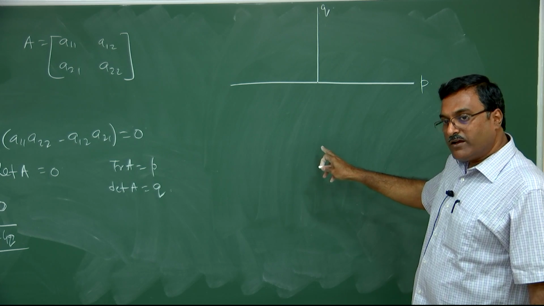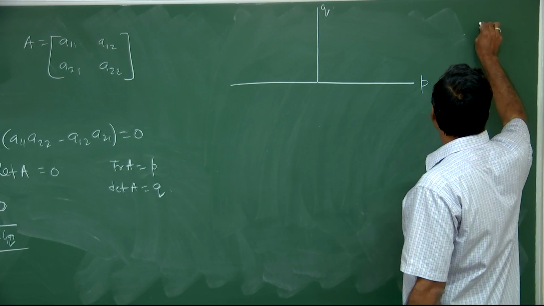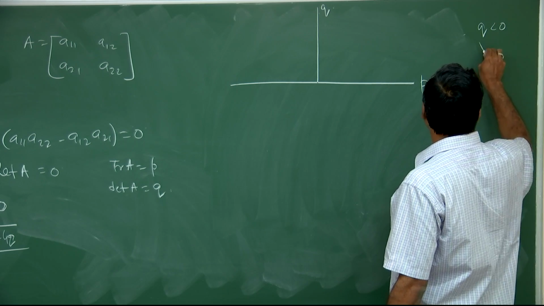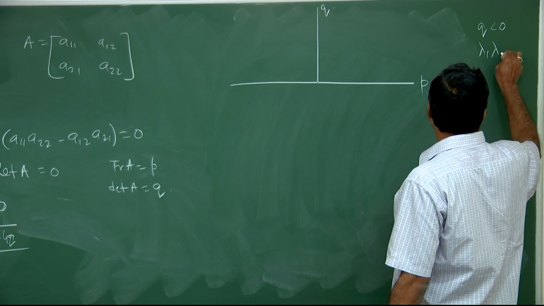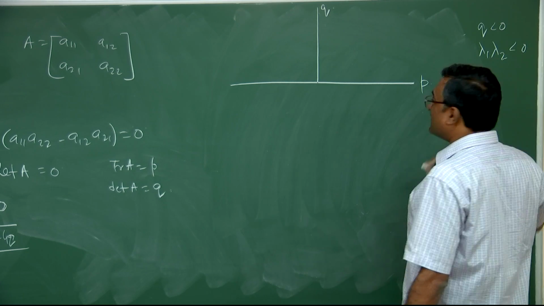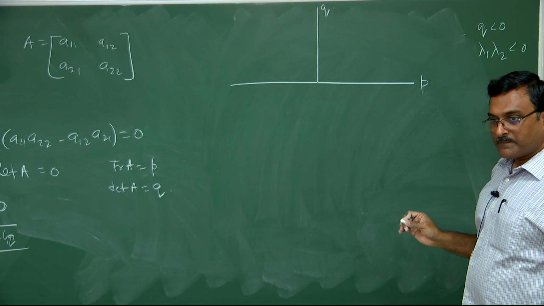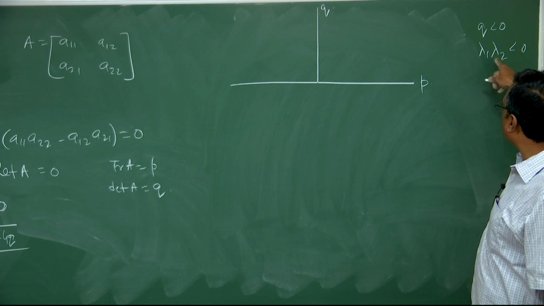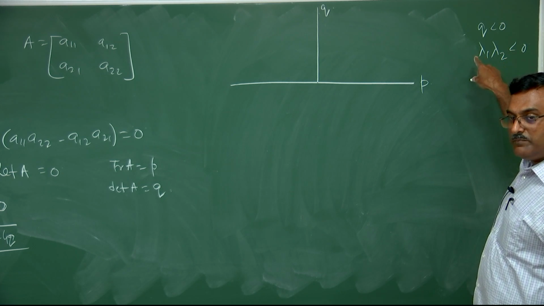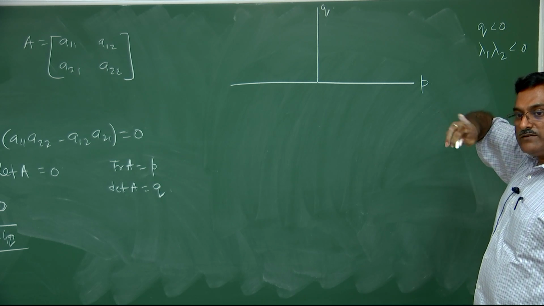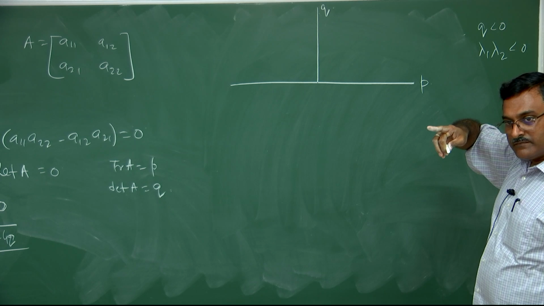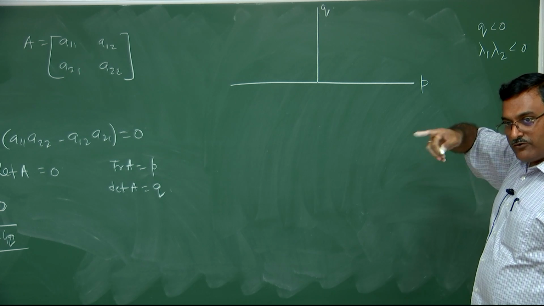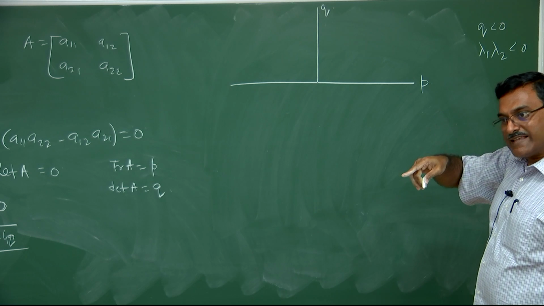Why? Because from the previous discussion you can recall that whenever q less than 0, then the product lambda 1 lambda 2 is negative, correct? So what kind of conclusion do you have about the equilibrium? Both the eigenvalues are real and of opposite sign, so therefore the equilibrium point is a saddle point.